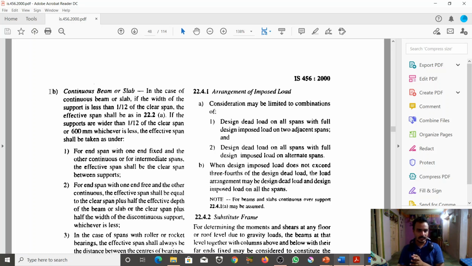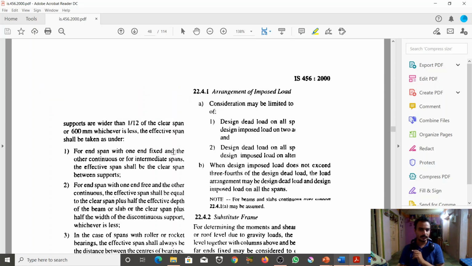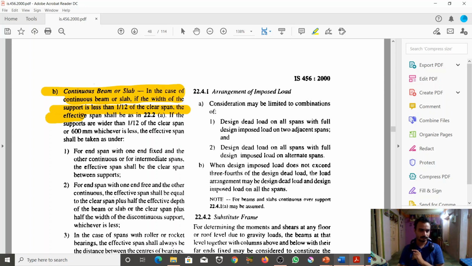In the case of a continuous beam or slab, if the width of the support is less than 1/12 of the clear span, the effective span shall be as per 22.2a. So the first condition is clear span divided by 12.